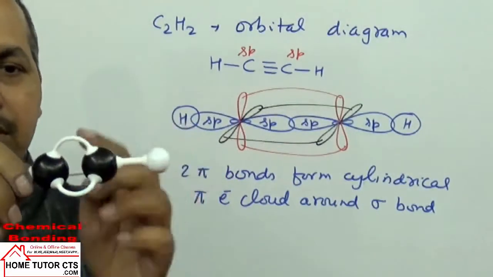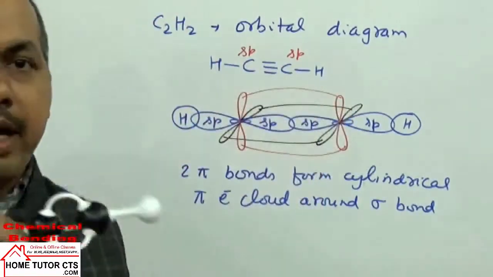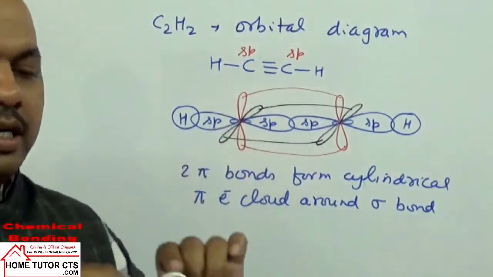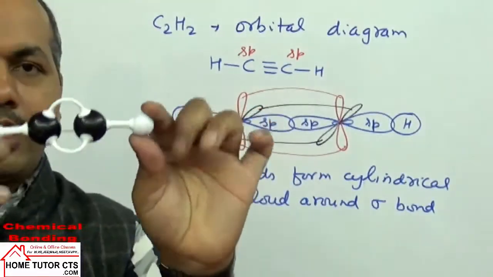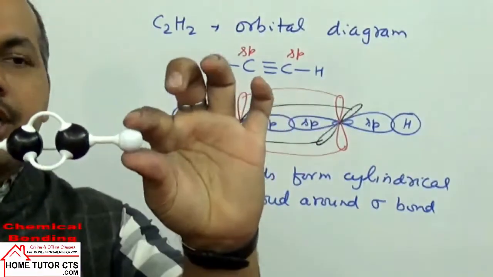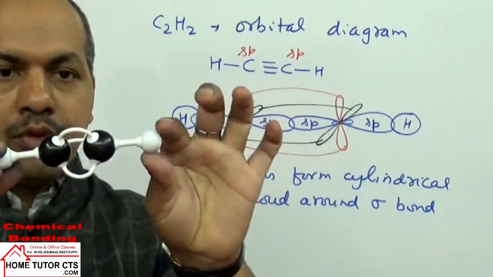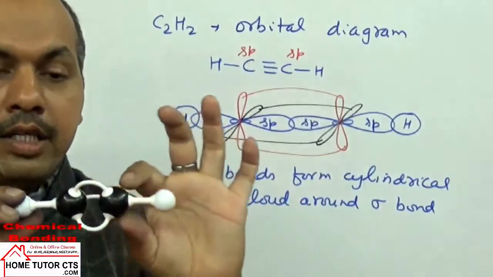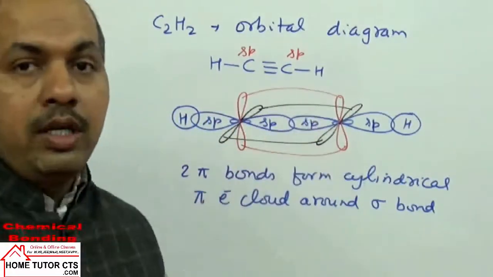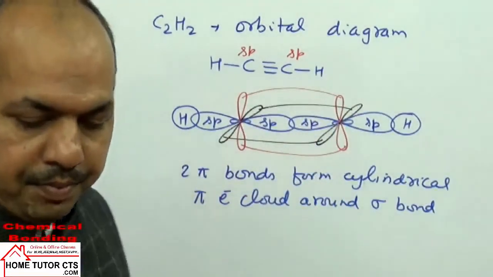That is not the actual view. We have one pi bond, this one here, and a second pi bond, this one here. The two pi bonds are perpendicular in actuality. And then you can take the shape as linear. One carbon sp, one carbon sp, and these are hydrogens. So they will have sp-s sigma bonds for each terminal carbon, and the two carbons form a sigma bond using sp hybridized orbitals.